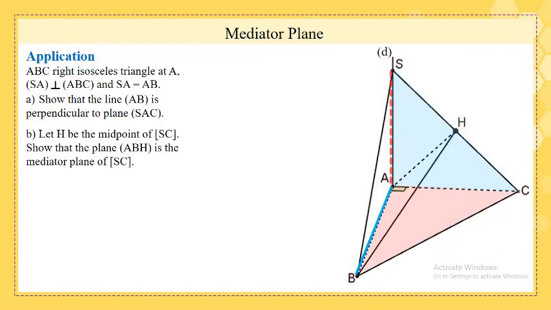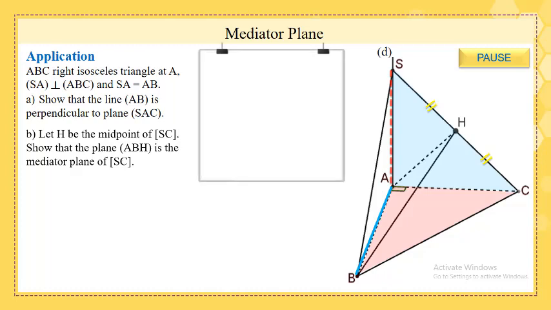Part B. Let H be the midpoint of segment SC. Show that the plane ABH is the mediator plane of SC. Please pause the video again and give yourself some time to think. So what do we have? We know that line AB is perpendicular to plane SAC, as we proved in Part A. And we know that H is a point of this plane.